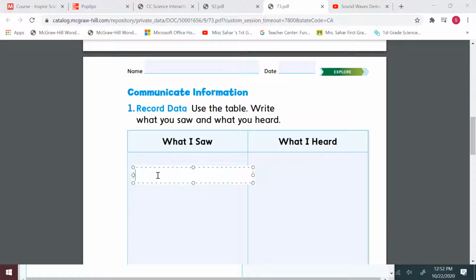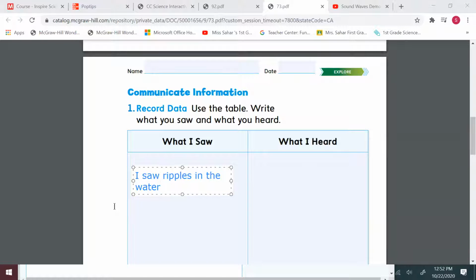Okay, so we are writing here what I saw. Very good. I saw waves or ripples in the water. All right.